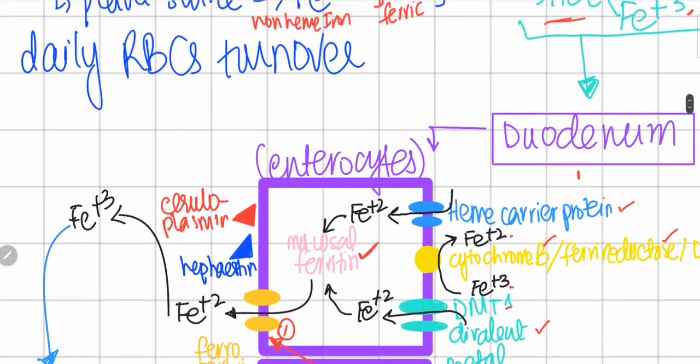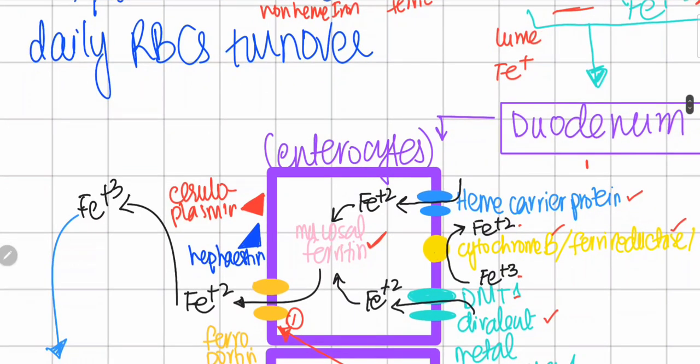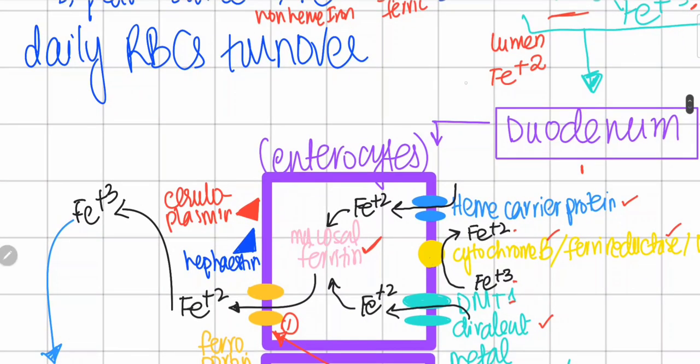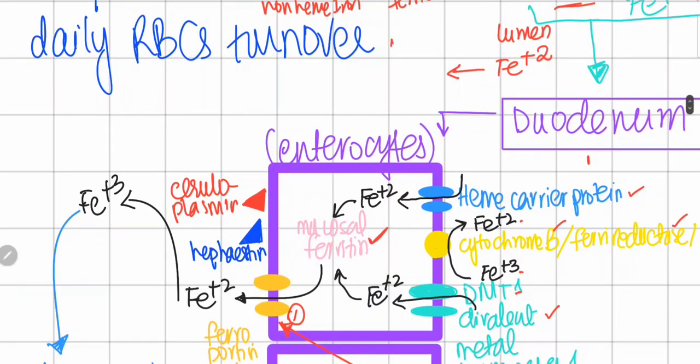So again, I'll write it in simple: iron in lumen. Okay, I'll just add iron plus 2. It comes into the enterocyte via DMT1.